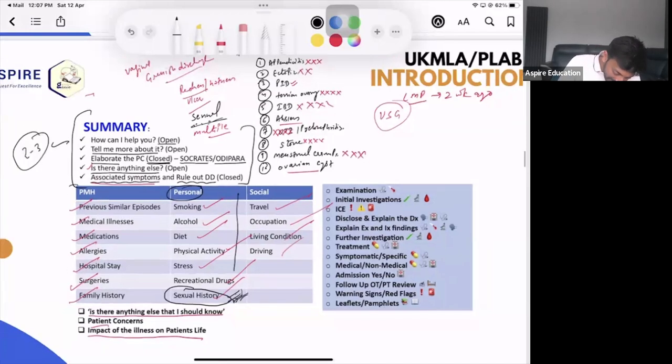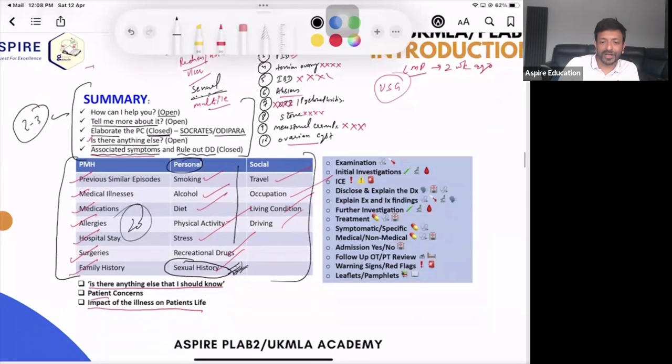But when it comes to the past, personal, social history, there are like 20 questions that you need to ask. But if you ask all 20, it's going to take again 2-3 minutes of my time. Then how and when am I going to do the management? So you are not supposed to ask every single question. You only ask the relevant questions.